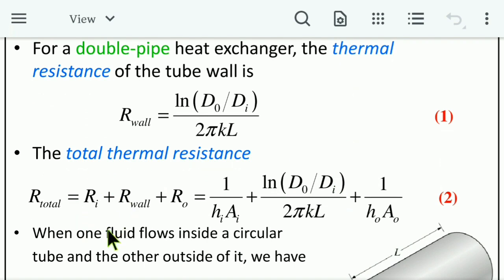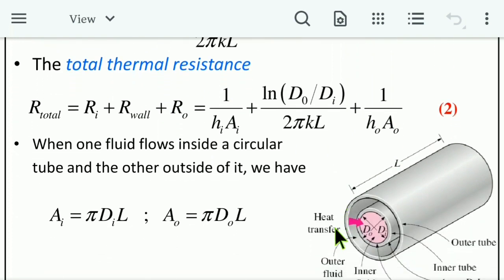So R input means 1 by h_i A_i, R wall is ln(d_o by d_i) divided by 2 pi k L, and R output means 1 by h_o A_o. This one is equation 2.